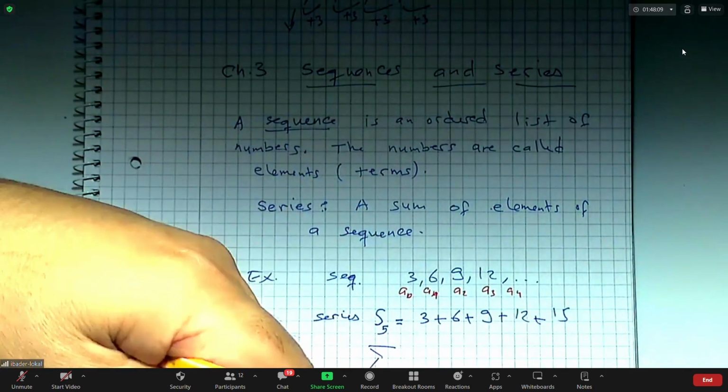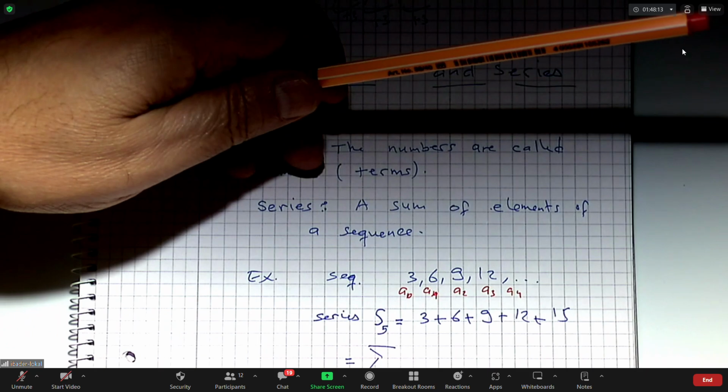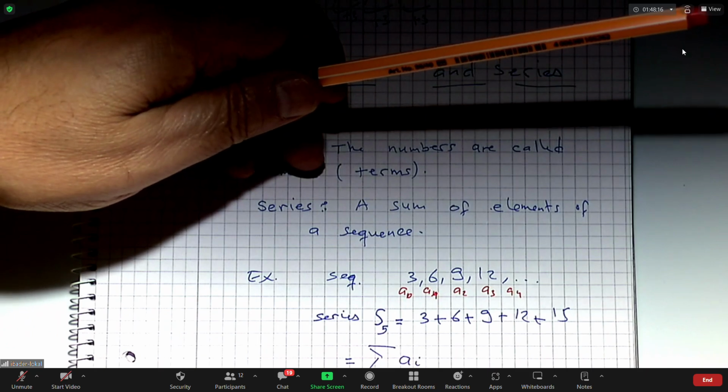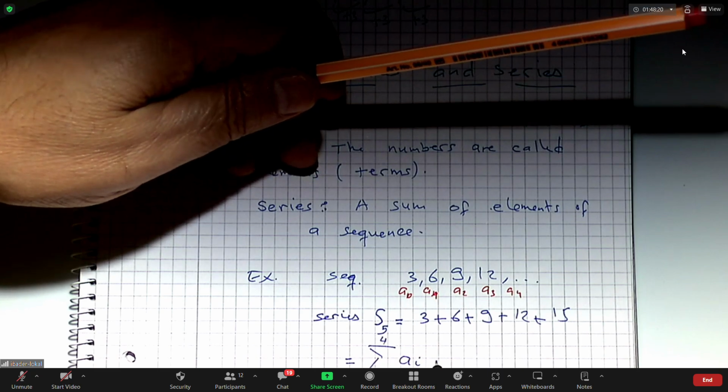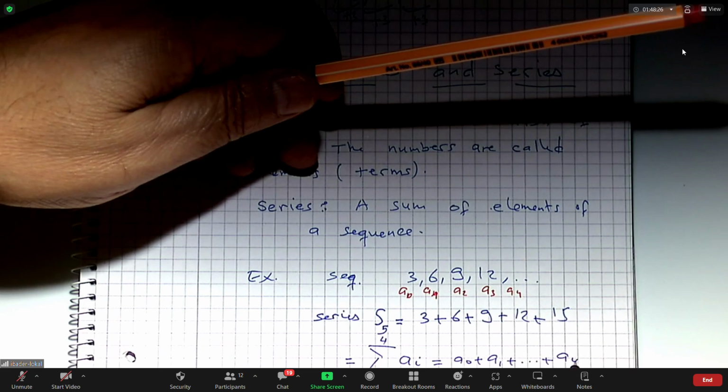So the same here will be equal to the sum of A sub i, where i is from 0 to 4. In this case, you have A0 plus A1 plus up to A4.